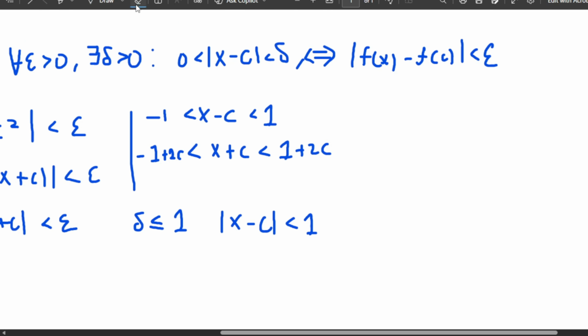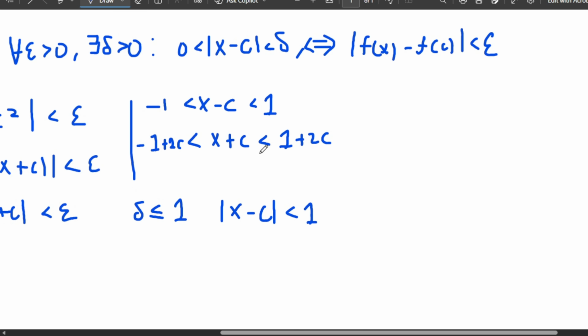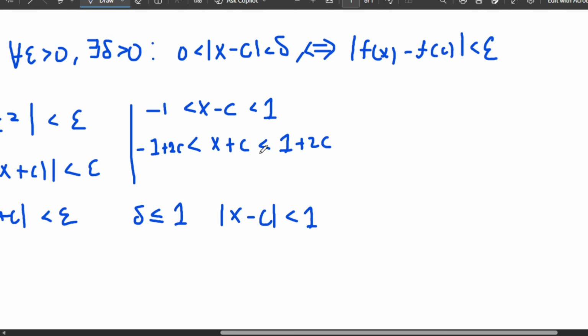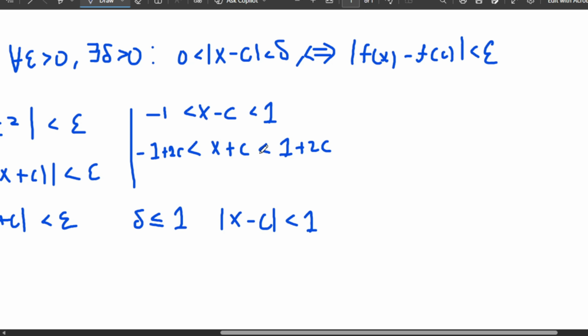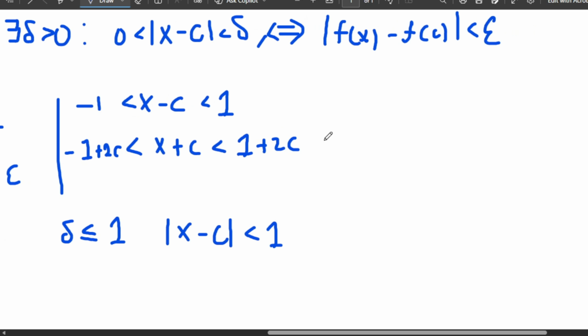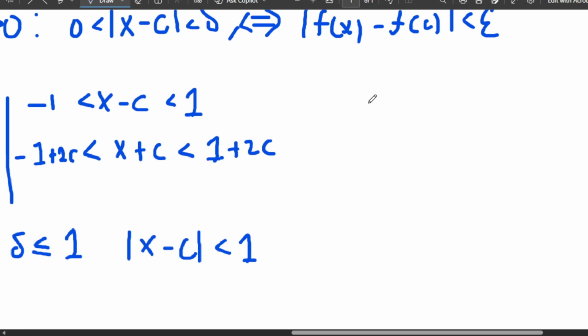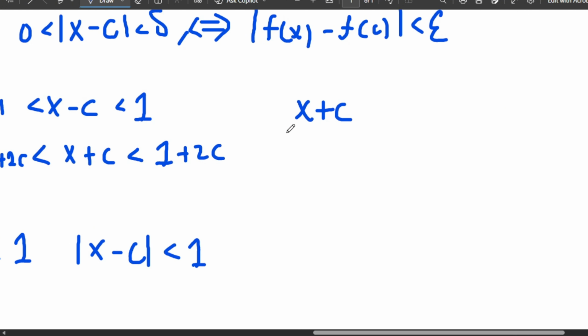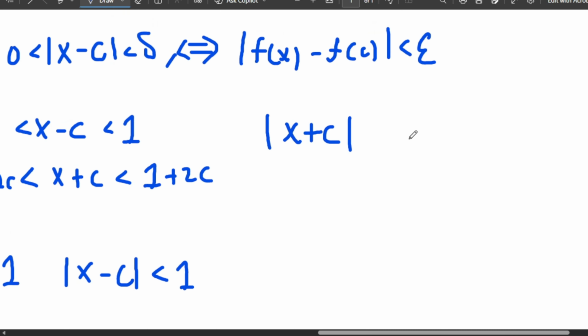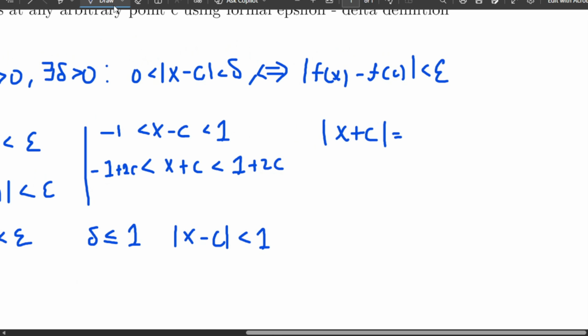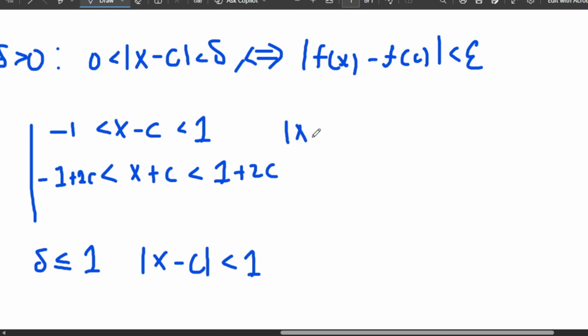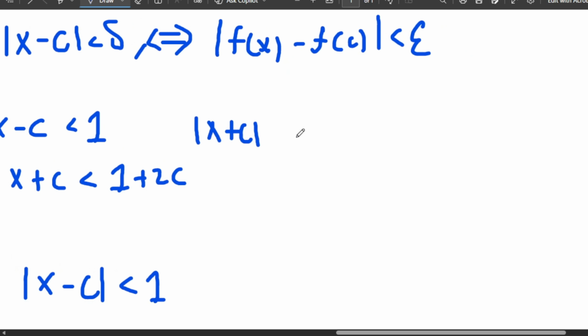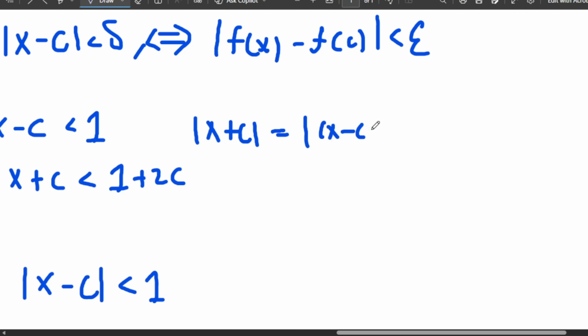To make this a clean bound, we use the triangle inequality. x plus C is the same thing as x minus C plus 2C.